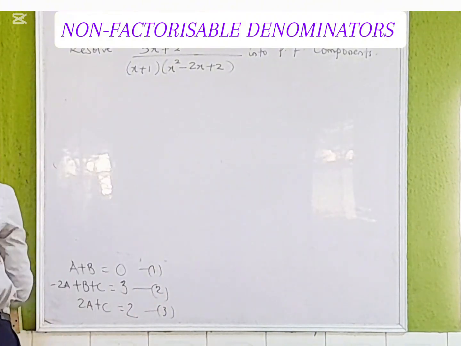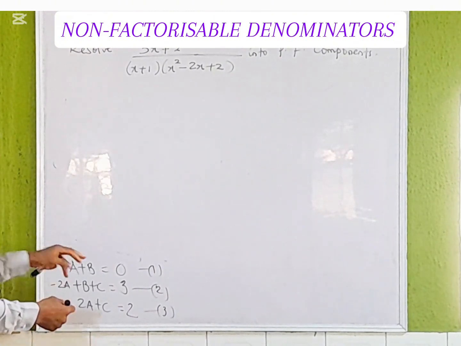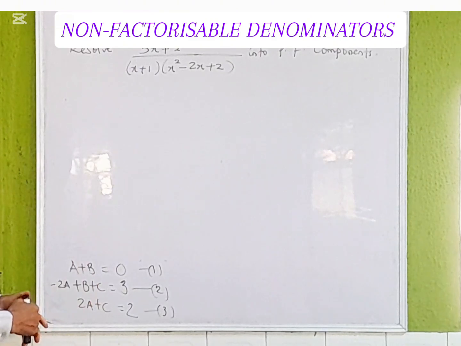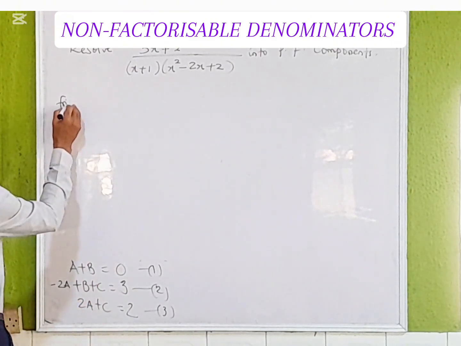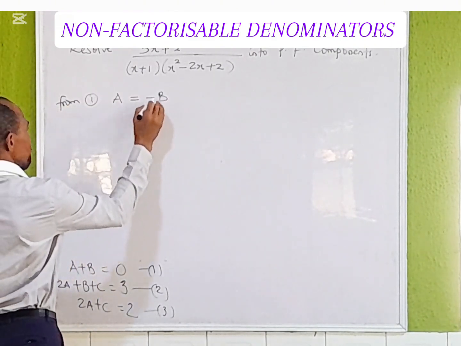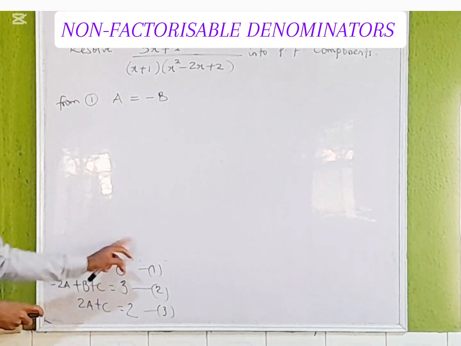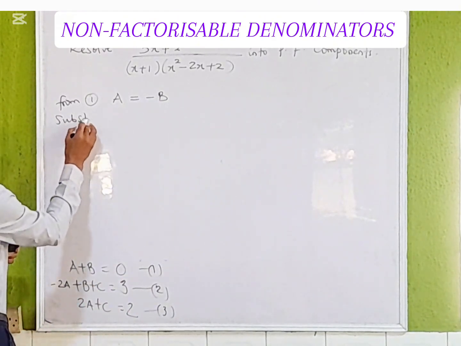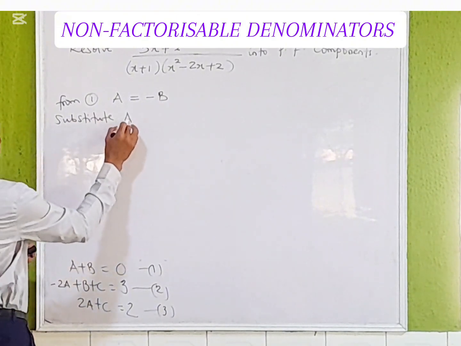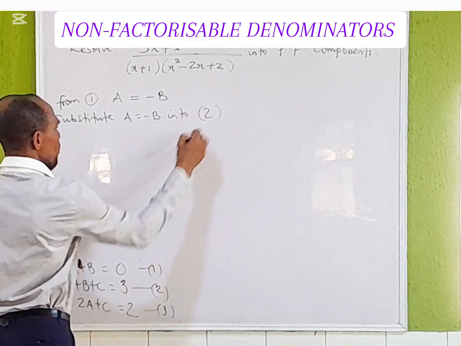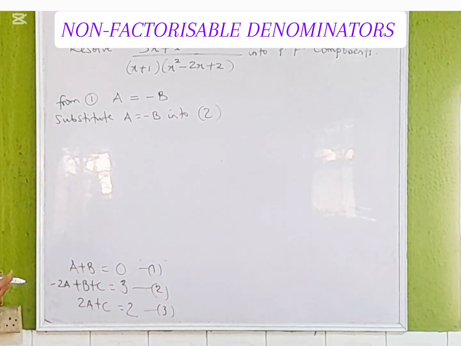Now, all we need to do here is to simply solve by looking at equation 1 first, which luckily for us, a plus b is 0. So we can say that from 1, a becomes minus b. That is, a equals 0 minus b. We are then going to substitute this value of a, minus b, into equations 2 and 3, one after the other.